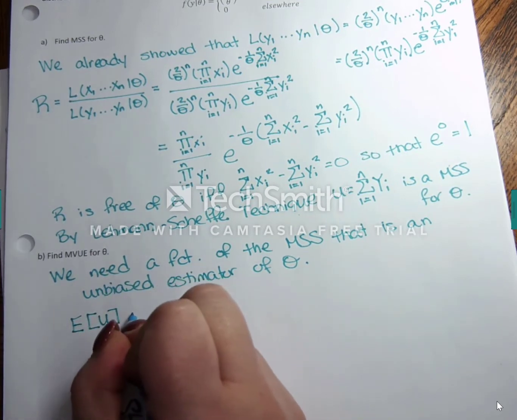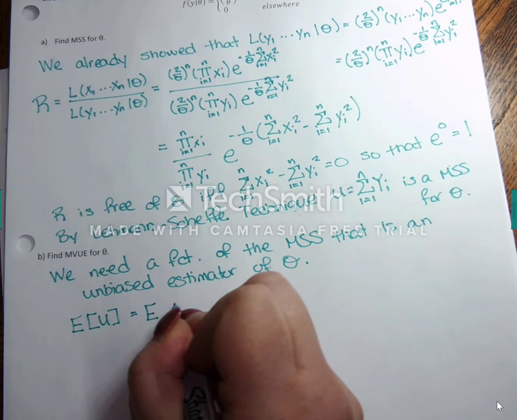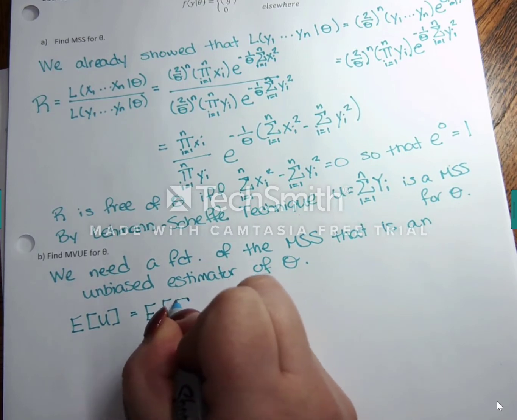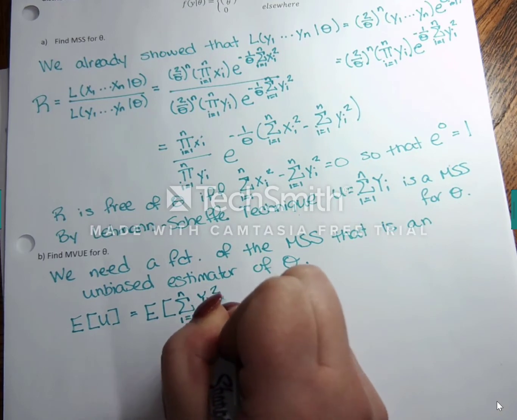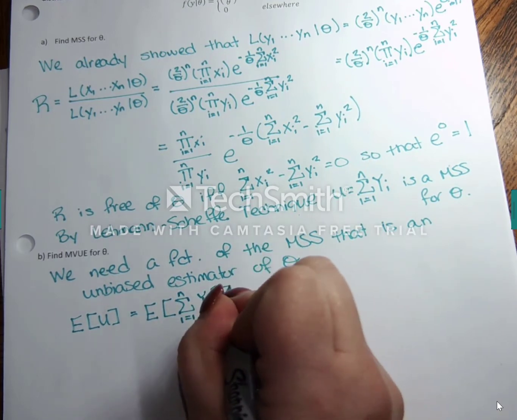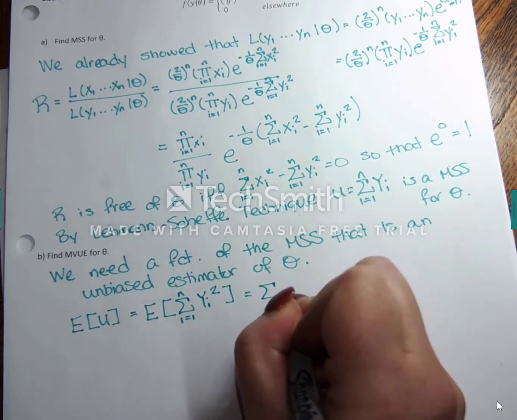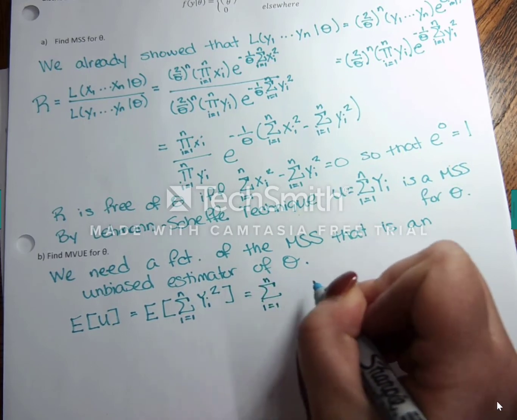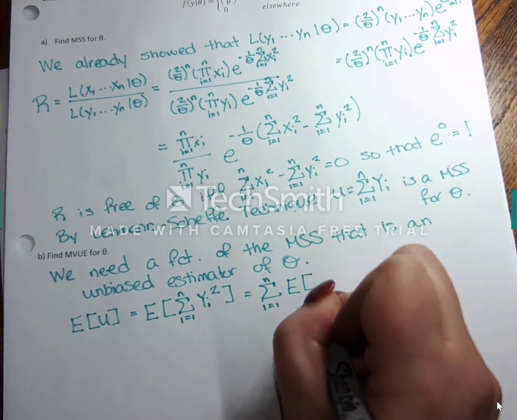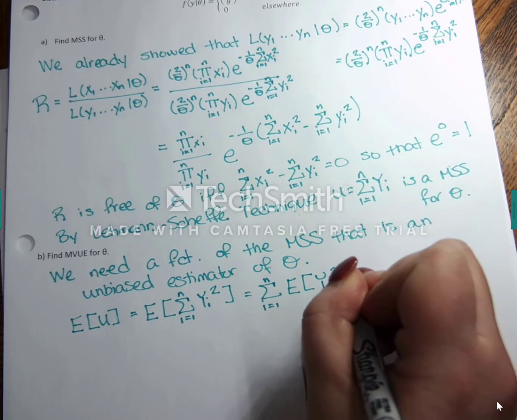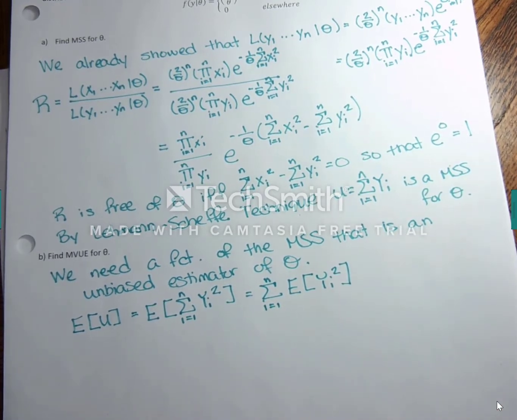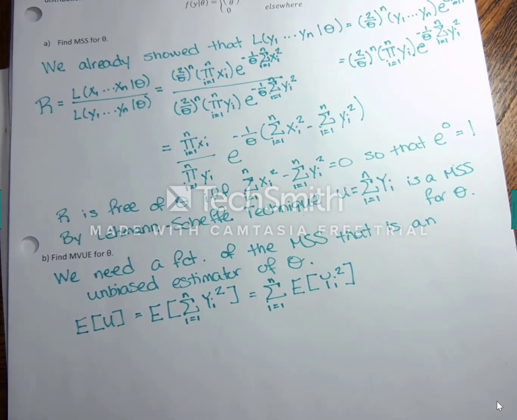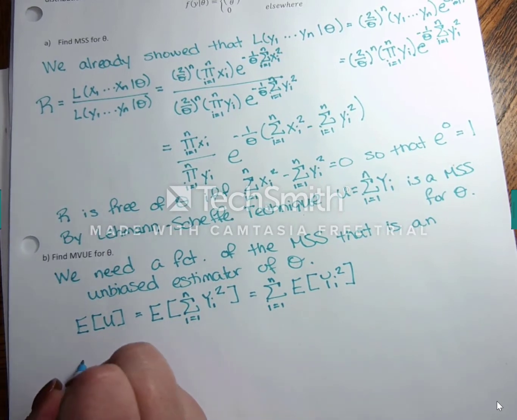So notice that that is equal to the expected value of the sum from i equals 1 to n of yi squared, which is equal to the sum i equals 1 to n of the expected value of yi squared. Now we need to find the expected value of y squared for this distribution, so that's what we're going to do next.